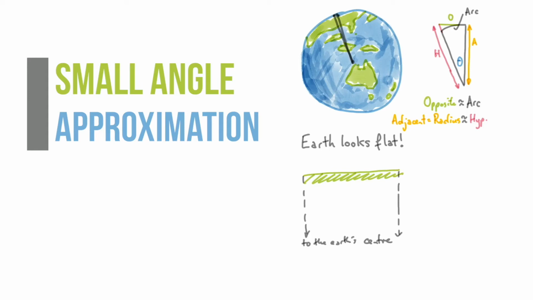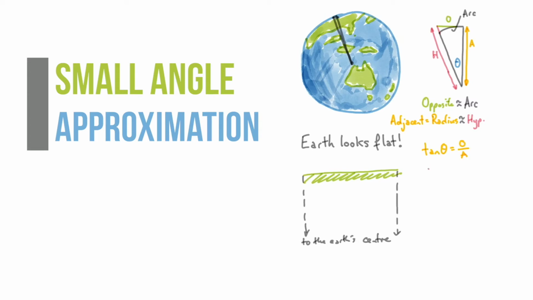Okay, so what we can say is we know tan theta is opposite on adjacent, sine theta equals opposite on hypotenuse. And also another interesting thing, if you didn't know, is that theta, the angle in radians, is actually the arc length divided by the radius, and in this case the radius is the adjacent.